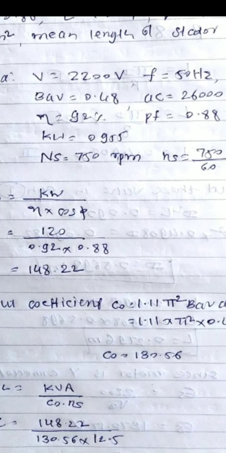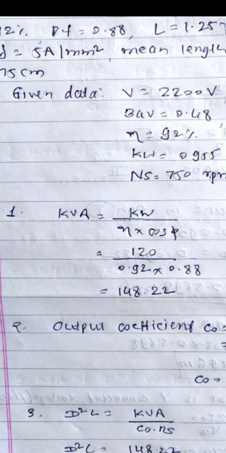First of all we have to calculate the kVA. So kVA is equal to kW divided by efficiency into cos phi. The power is already given in kW, so we do not take the 0.746.